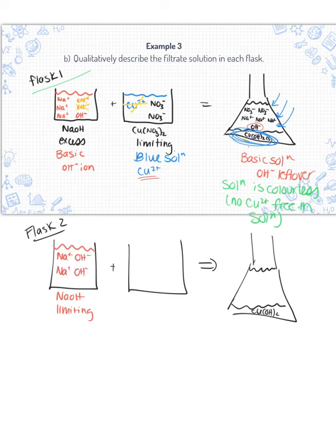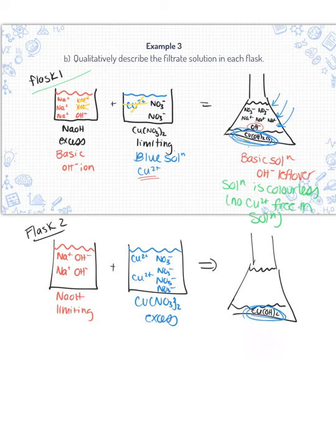All right, now copper nitrate is in excess. So I'm going to draw 2 of them because remember they have different coefficients, so this should work. Okay, now I have copper hydroxide in my precipitate here.